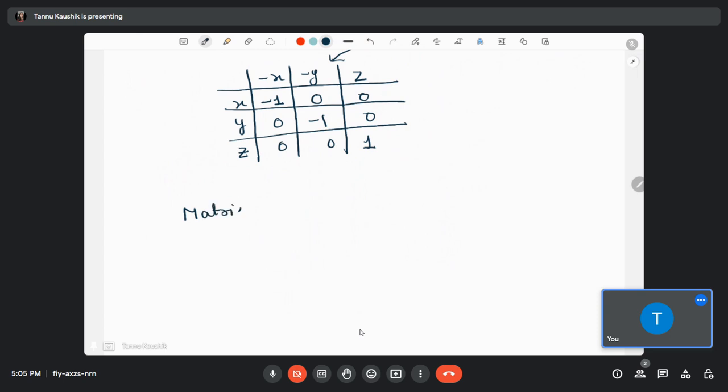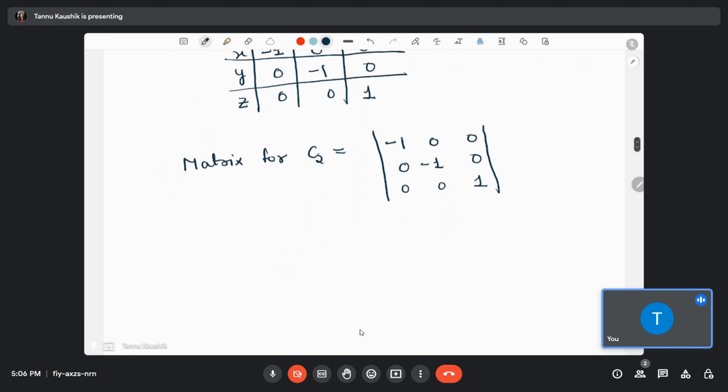So the matrix for C2 will be minus 1, 0, 0, 0, minus 1, 0, 0, 0, 1.